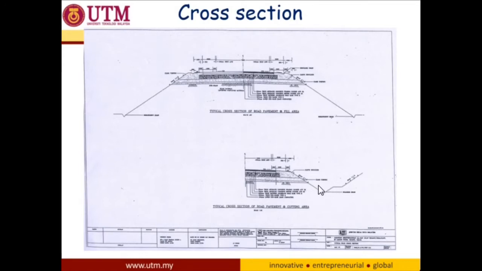As you can see here, there's a lot of information provided in the drawing, such as the road layers, which include the subbase, road base, binder course, and wearing course. Other details provided here are the thickness, distance, and also the types of materials to be used for the road layers.